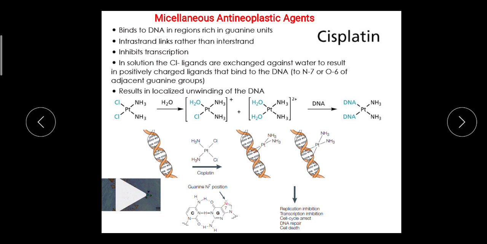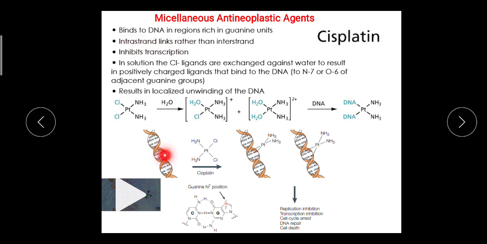And this cisplatin acts in a similar way as the alkylating agent. They bind to the guanine bases, and they cause the intrastrand linkage. Intrastrand means within the same strand, and interstrand means between the two strands. Cisplatin causes intrastrand linkage.